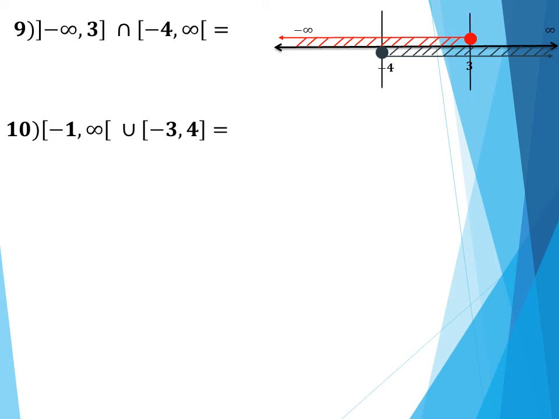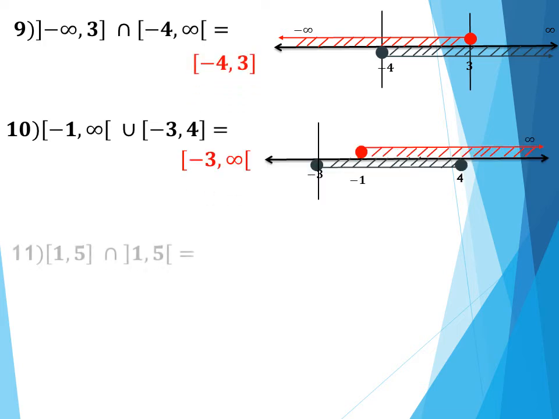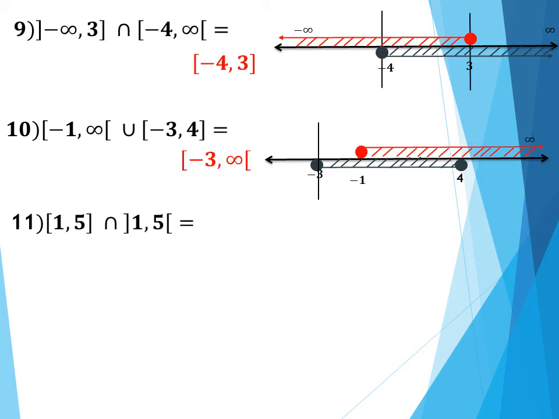So 3 here, open becomes closed, 3 closed. First, negative infinity, 3 closed, intersect negative 4 and infinity, from the number line it will be negative 4 and 3 closed. Negative 1 union negative 3, 4, it will be negative 3 to infinity.